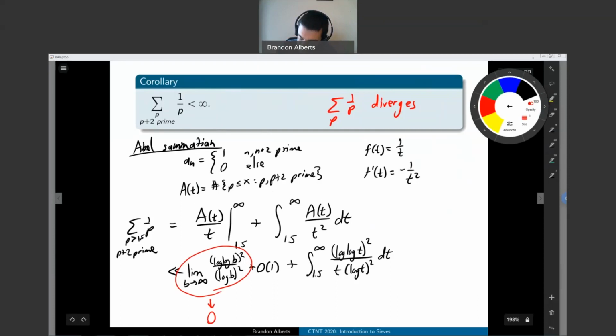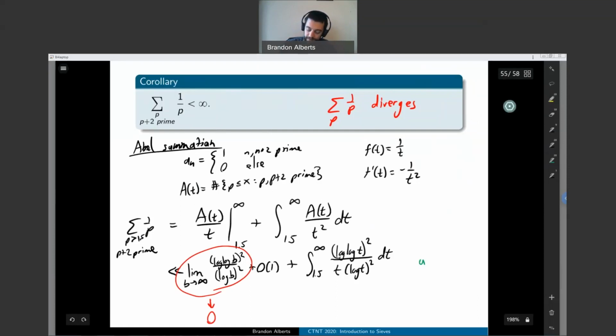Next, by doing the substitution u equals log t, this improper integral becomes the integral of log u squared divided by u squared du. The extra t on the denominator becomes part of the differential. du is dt over t. We still got the plus big O of 1.